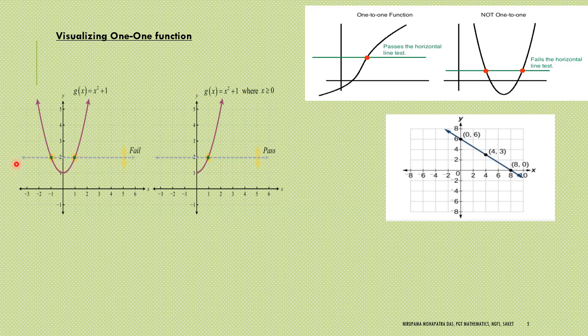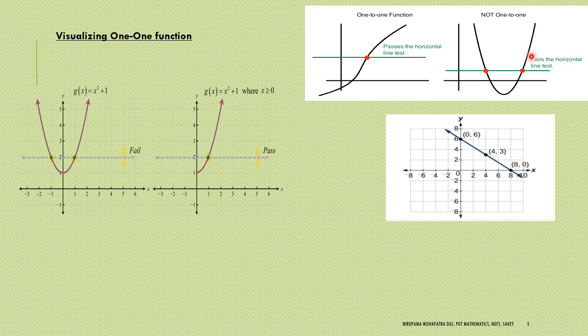Now, if we see this horizontal line, y remains constant here, which means the line is parallel to the x-axis. If we take a horizontal line and this line intersects the graph of the function in more than one point, then we say that the function is not 1-1.